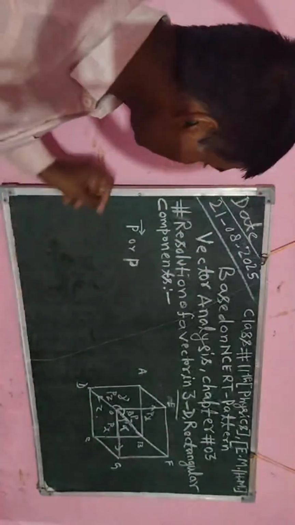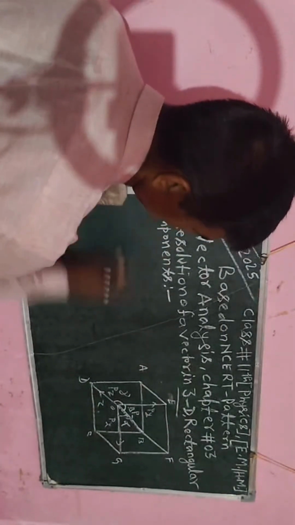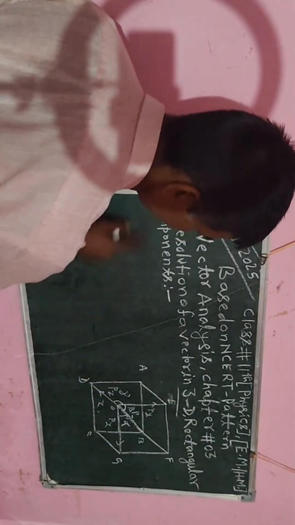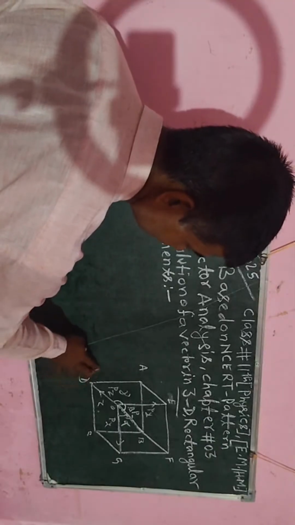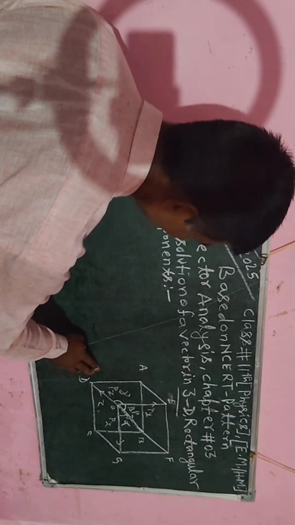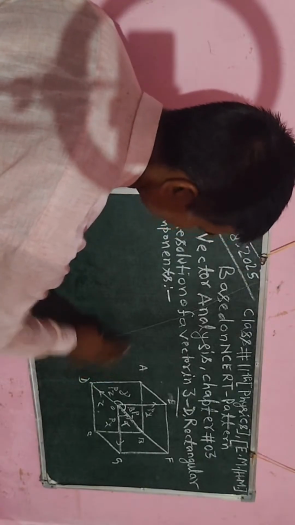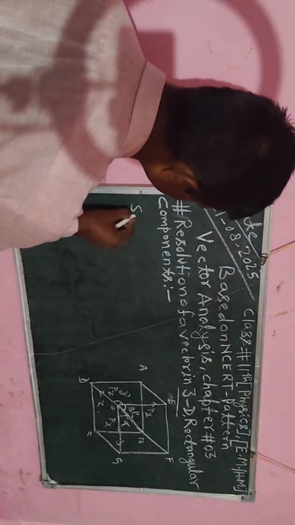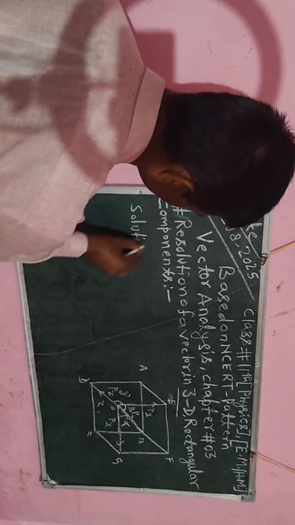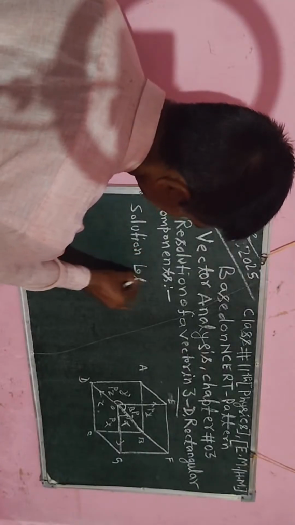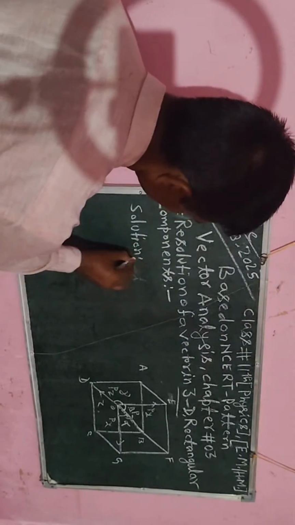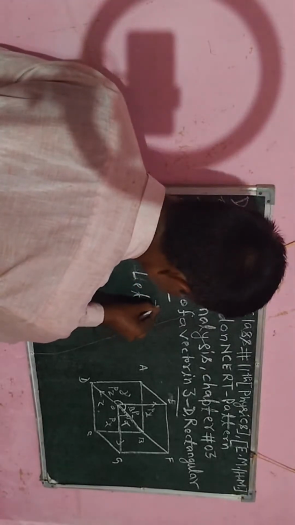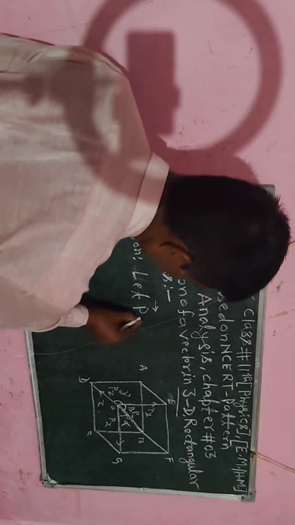Okay. Now here I am going to explain. First of all, I have drawn here a 3D, that is a three-dimensional rectangular diagram. This is the three-dimensional rectangular diagram, and after drawing I have to write all components in three directions. So here I will write the solution. After writing the solution, I will say let vector P be written like this.